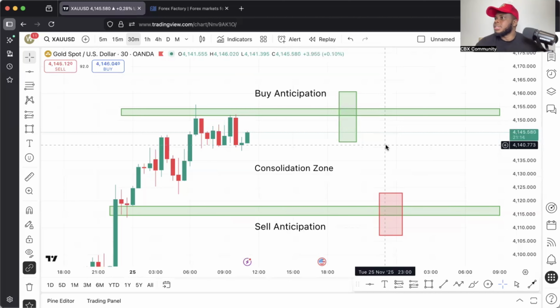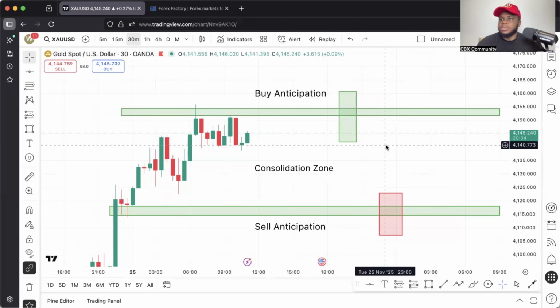So right now we are just waiting. I'm just looking at my other screen just for me to have an idea what I'm anticipating the market to give to us.